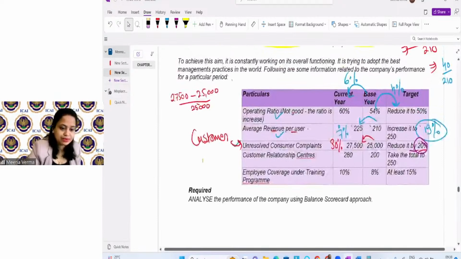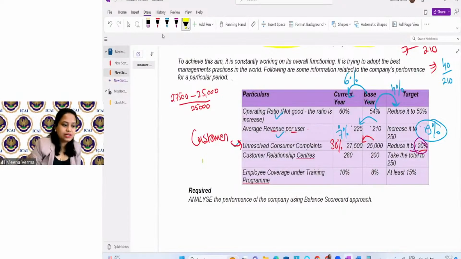Next, you can see what is the next topic. It is given here, customer relationship center. Take the target as 250. Customer relationship centers should improve.